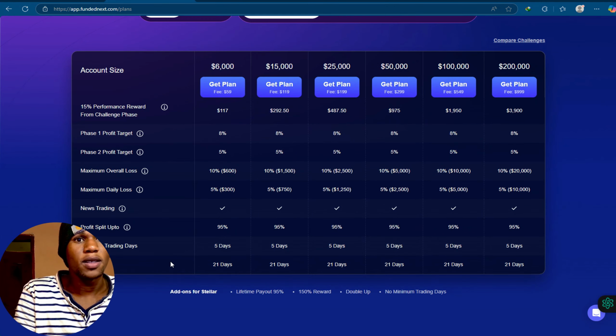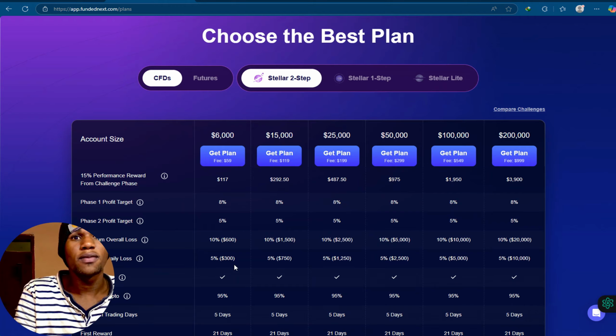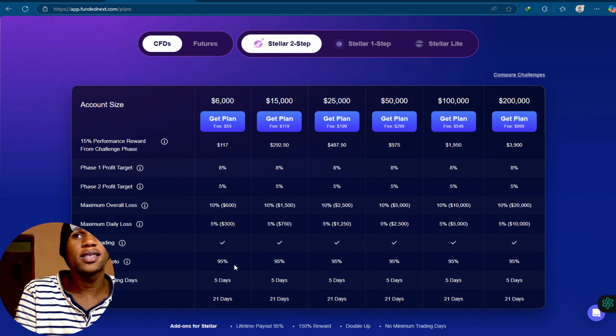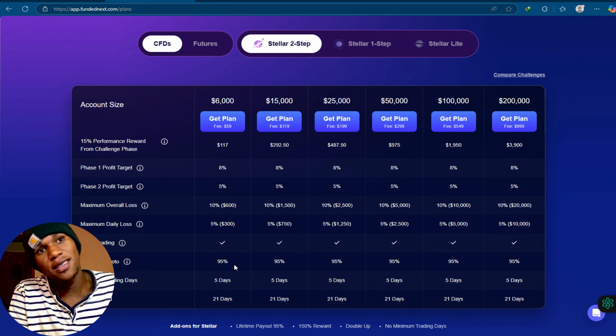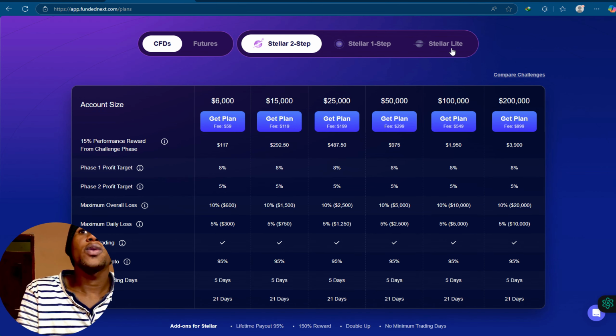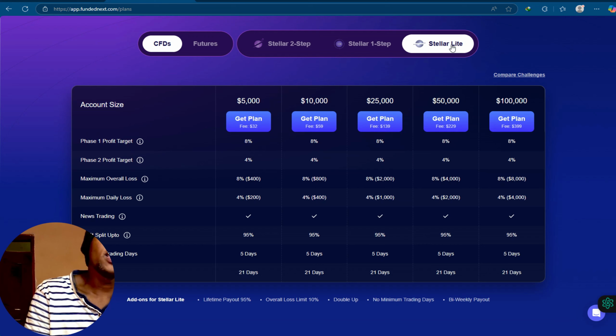As you can see, the first reward is after 21 days. That's it, but we can still request no minimum or maximum trading days, so we can just pass this thing in one phase. So there is this Stellar Lite challenge.